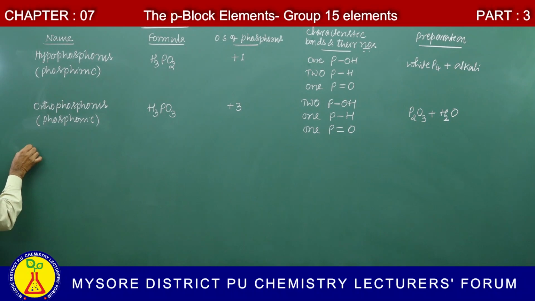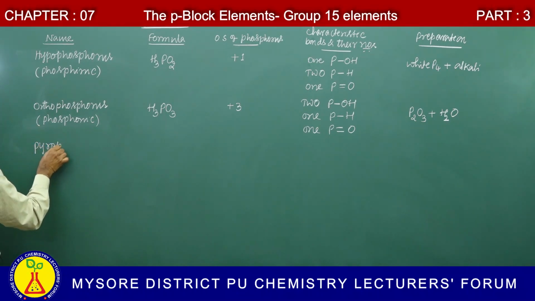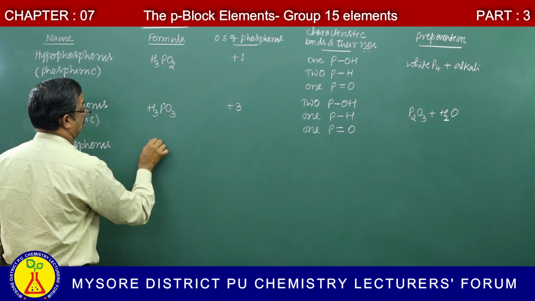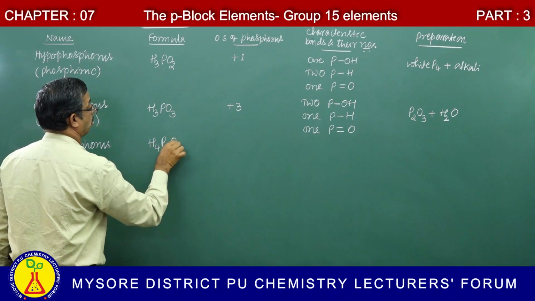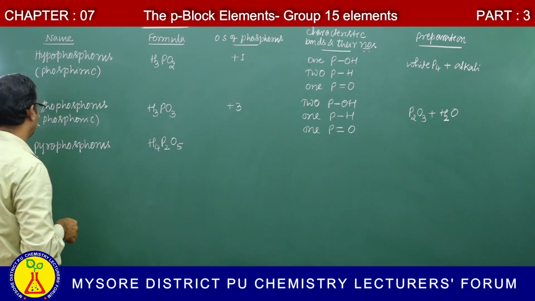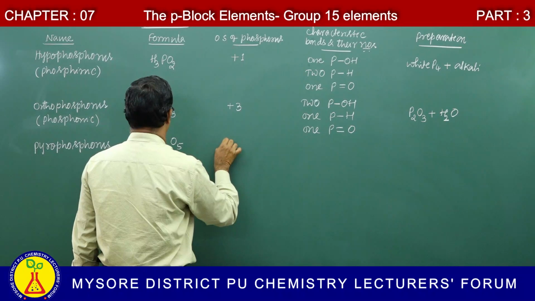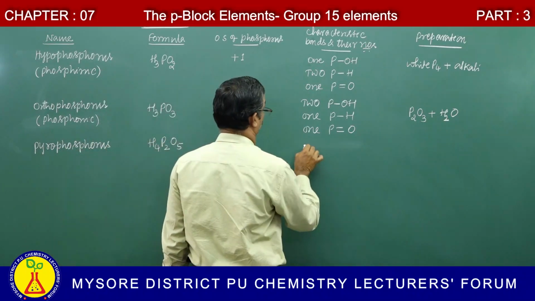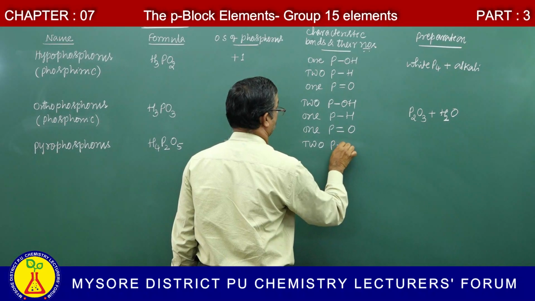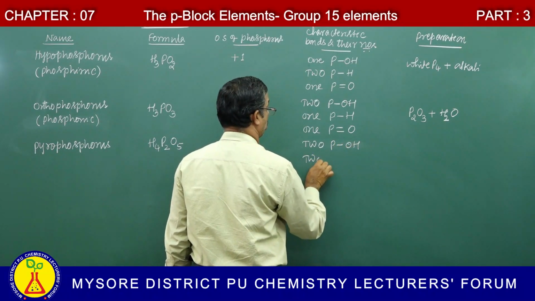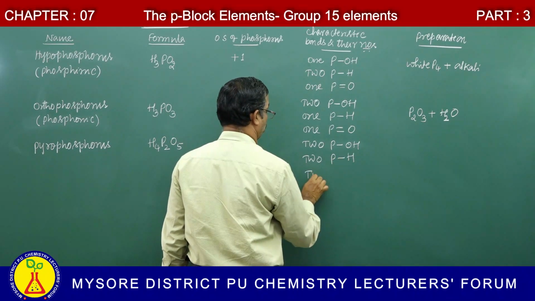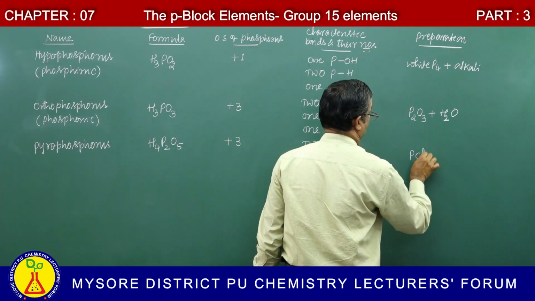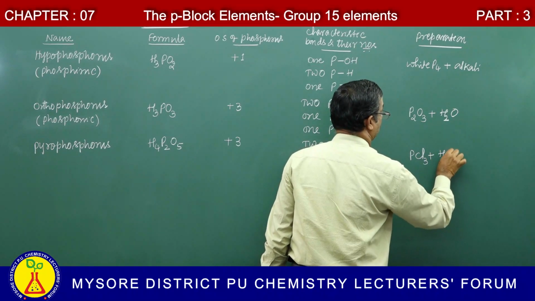Then pyrophosphorus. Formula H4P2O5. Oxidation state of phosphorus in H4P2O5 is plus 3. 2 POH, 2 PH, 2 P double bond O. Methods of preparation: PCl3 plus H3PO3.